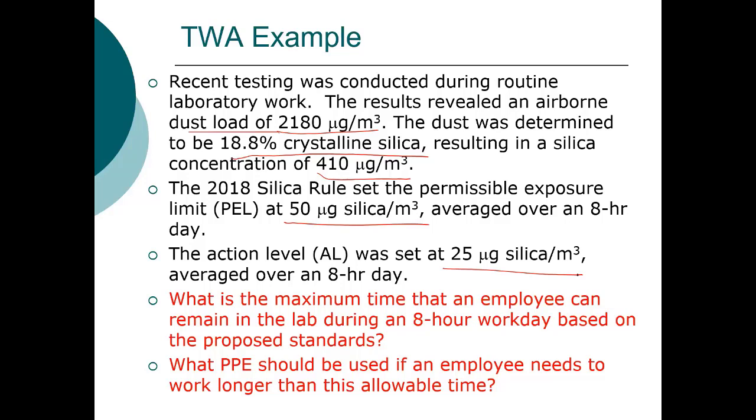So the question that we would need to ask under this situation is, what is the maximum time that an employee can remain in the lab during an 8-hour workday based on these standards, this 2018 silica rule? So if we have a PEL of 50 micrograms per cubic meter, that's equal to our concentration.